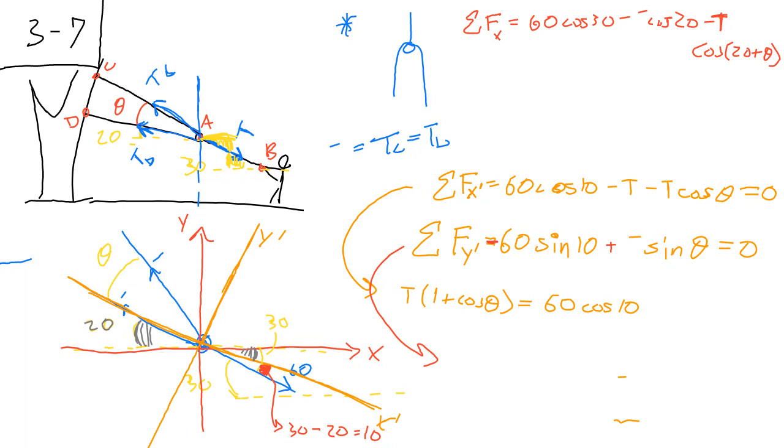I guess we can say t sine theta equals 60 sine 10. Ah, that's interesting.